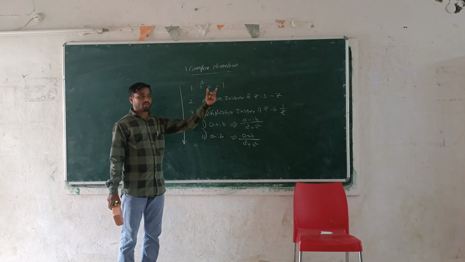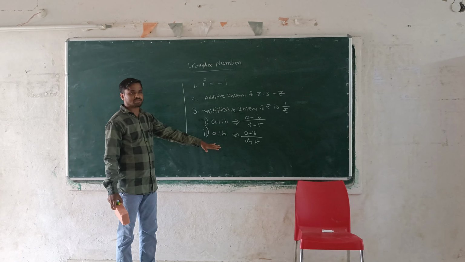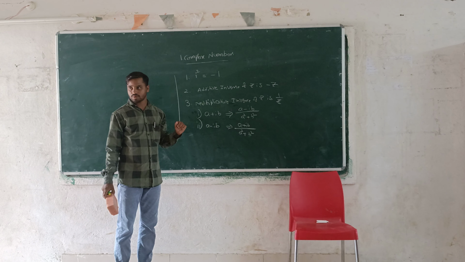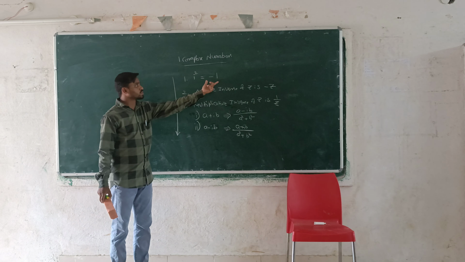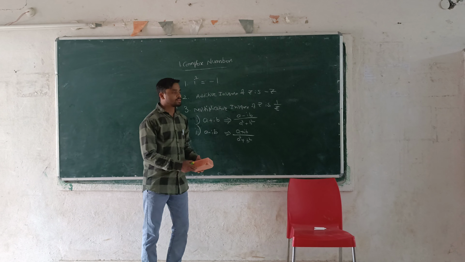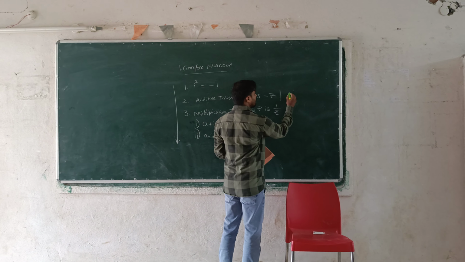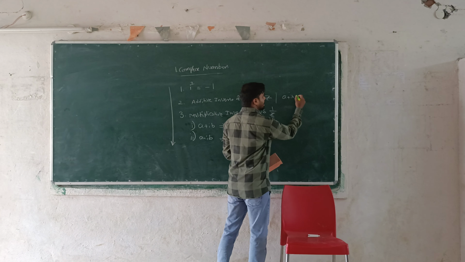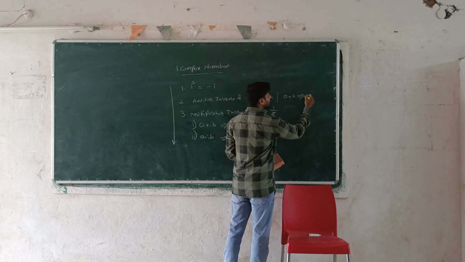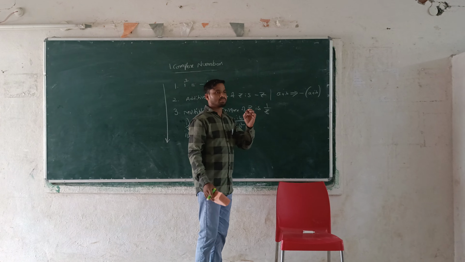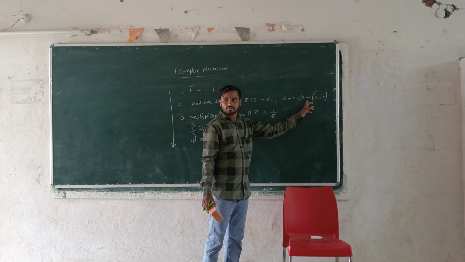Exercise number 1A. This is the most important concept. From this concept you will get 2 marks questions. Okay? i square equals minus 1. The additive inverse of z is minus z. So a plus ib is the given complex number. What is the additive inverse of this complex number? Minus of a plus ib. Just put a minus sign here.